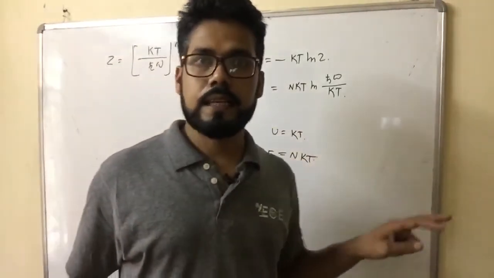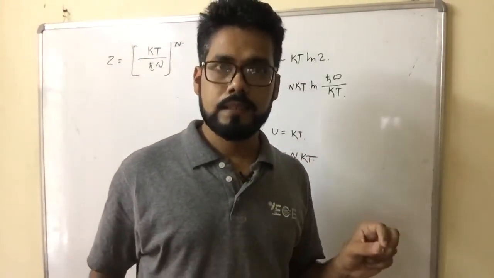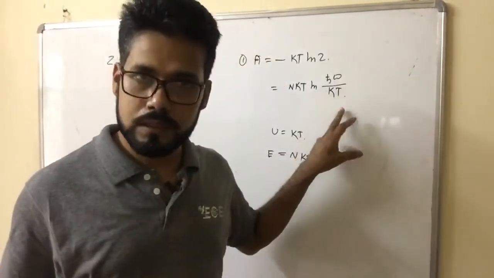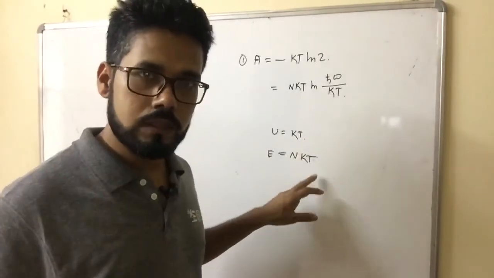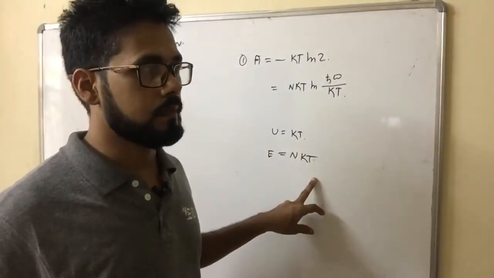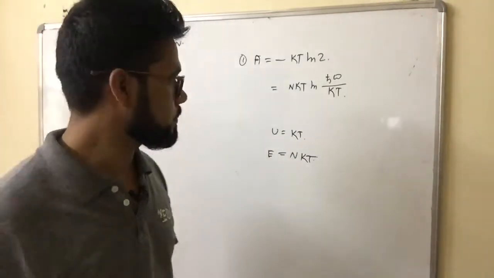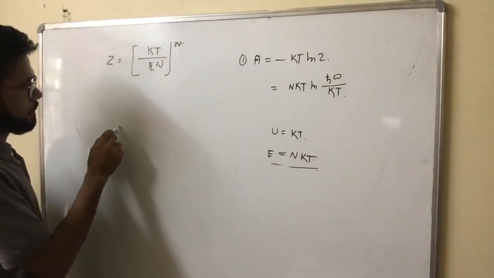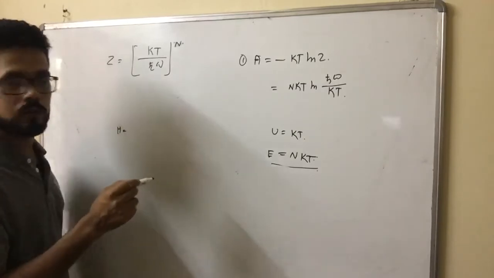This mean energy satisfies the equipartition theorem. The mean energy calculated from this equation also agrees with the equipartition theorem, or from the equipartition theorem you can verify it using the Hamiltonian of a one-dimensional harmonic oscillator.